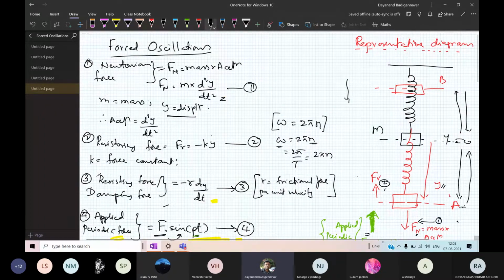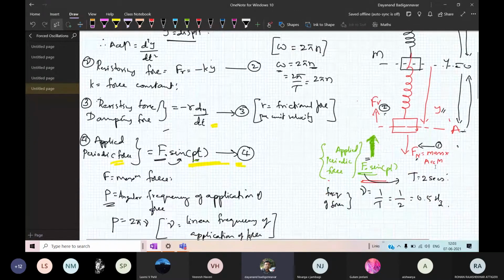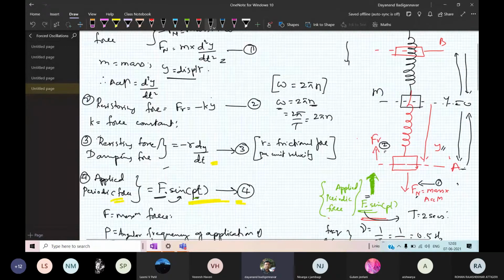This is the applied force that I have written in green ink, the force F sine Pt. If I apply this force at regular intervals, the spring mass system keeps on oscillating until you remove the force. Once you remove the force, the oscillations will die off.